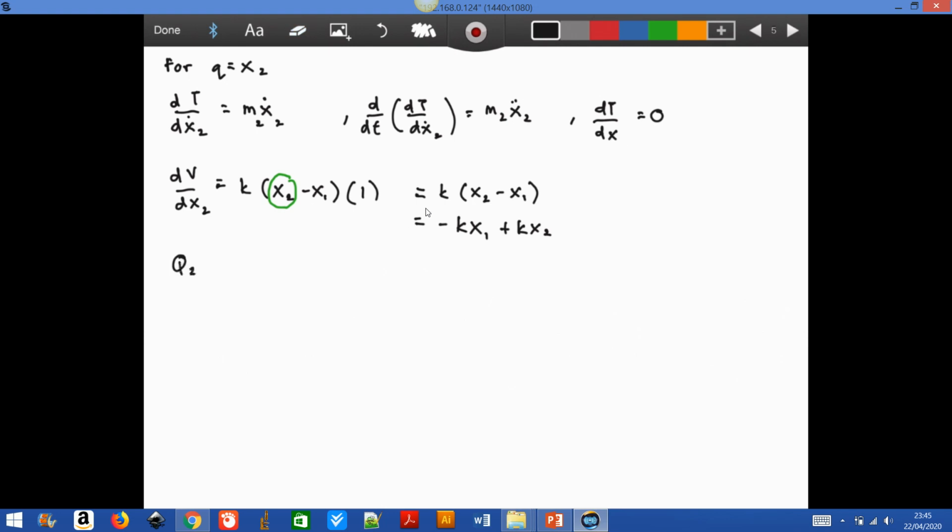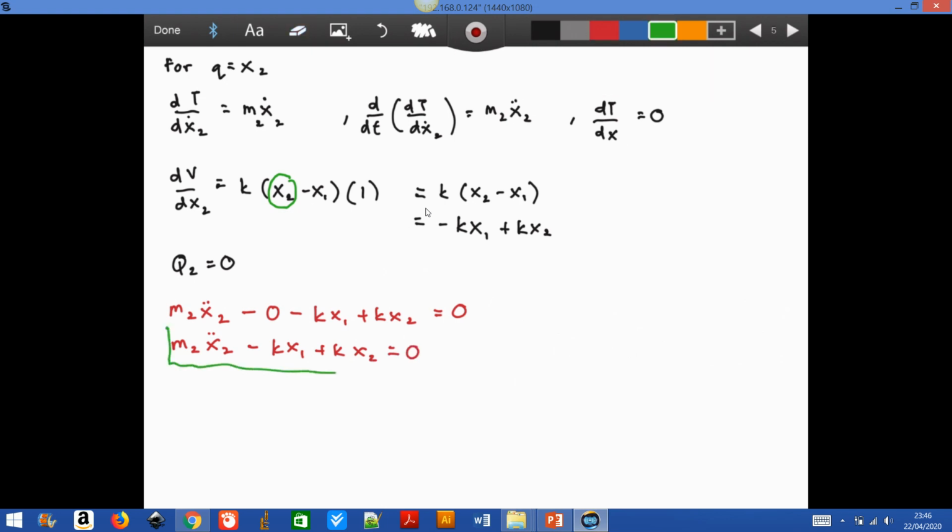Alright, for the force, q2 is equals to 0 because we know it's a free vibration. Therefore, the equation of motion would be m2 x double dot 2 minus 0 minus kx1 plus kx2 equals to 0, or we can write it as m2 x double dot 2 minus kx1 plus kx2 equals to 0.